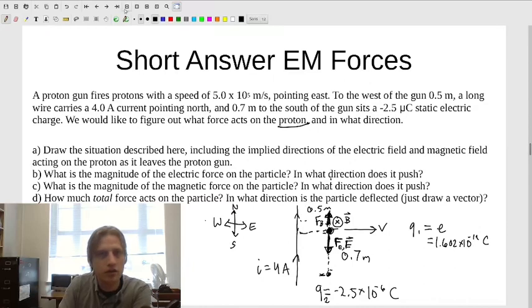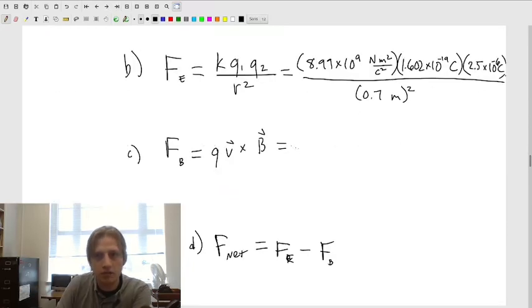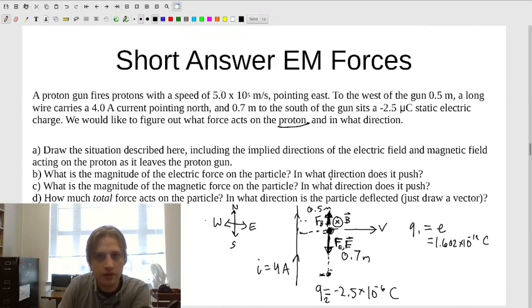I know the Q is going to be my 1.602 times 10 to the minus 19th coulombs again. I know the speed of the charge, 5 times 10 to the 5th meters per second.